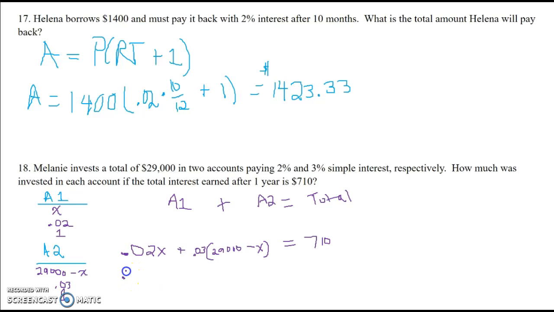So this equation is going to be 0.02X plus 0.03 times 29,000. That is 870.